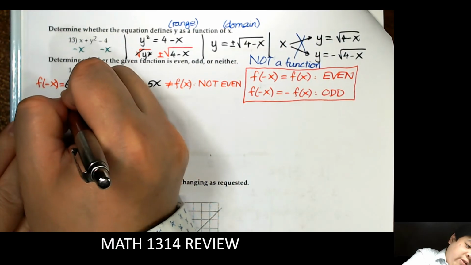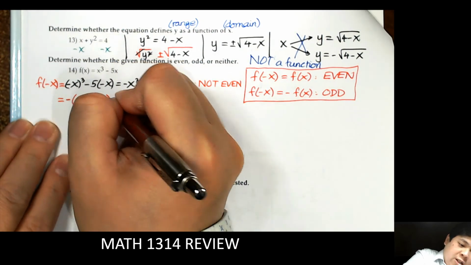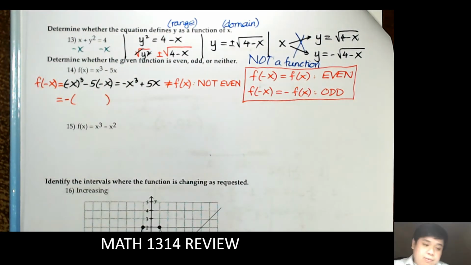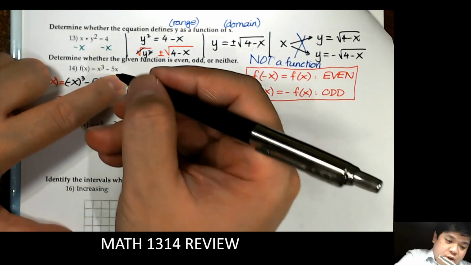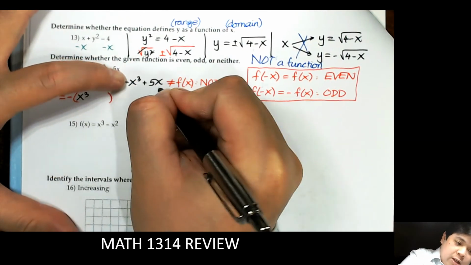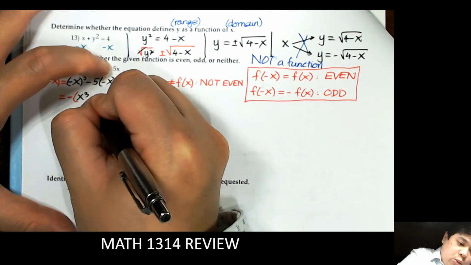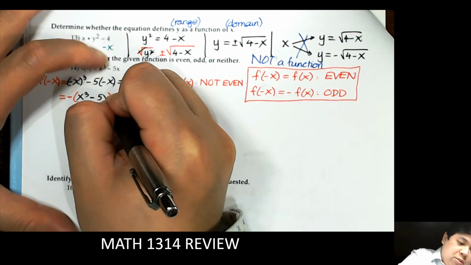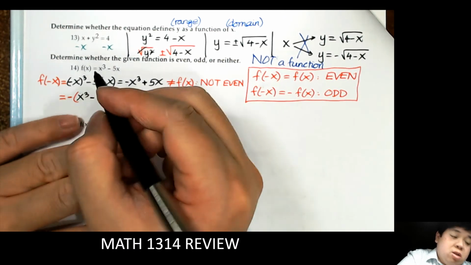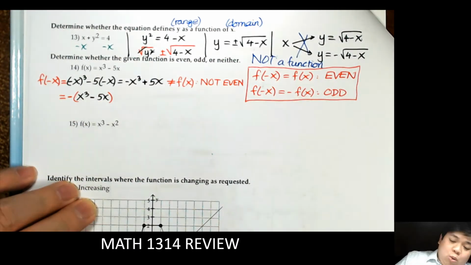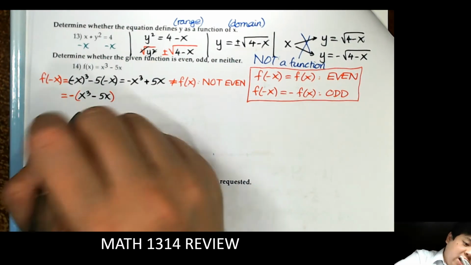Next, we're going to factor out the minus and see what's inside. If we factor out the minus, we should have x cubed, because here's the plus. We should have the minus 5x, because when we multiply it back out, minus minus turns to a plus. Now, what we see is that inside is f of x.